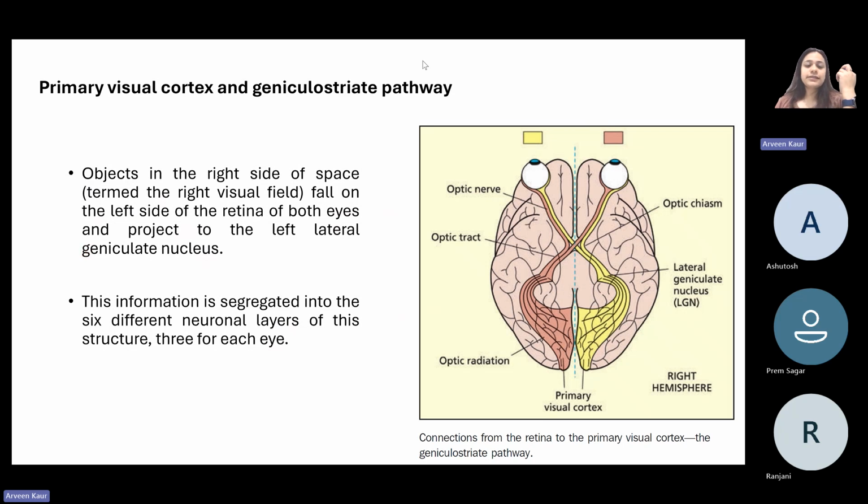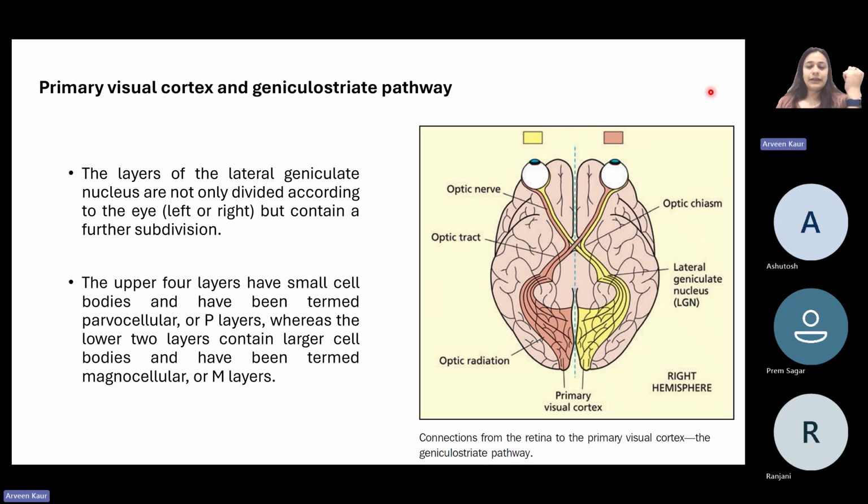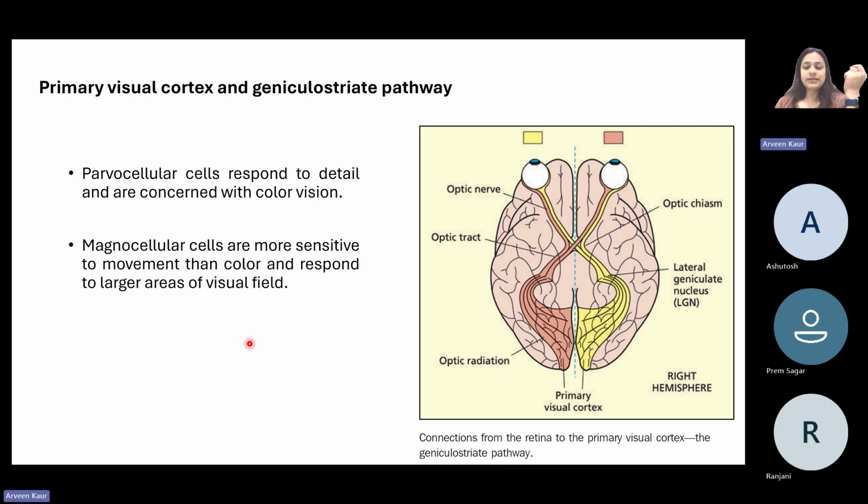So this information is segregated into 6 different neuronal layers of the structure, 3 for each of the eye, right? The layers of lateral geniculate nuclei are not only divided according to the eye, but also contain a further subdivision, right? The upper 4 layers have small cell bodies and have been termed as parvocellular or P layers, whereas lower 2 layers contain larger cell bodies and have been termed as magnocellular or M layers, right?